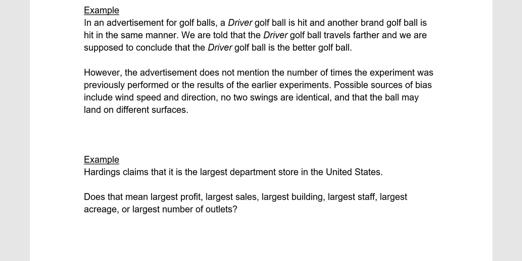This advertisement does not mention the number of times the experiment was performed, or if they were results from earlier experiments. Conducting the experiment one time would not be a sufficient sample size. It also leaves out important variables like wind speed and direction, the fact that no two swings are going to be perfectly identical, and that the ball may have landed on different surfaces.